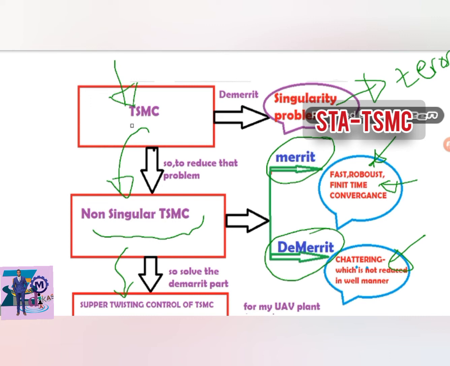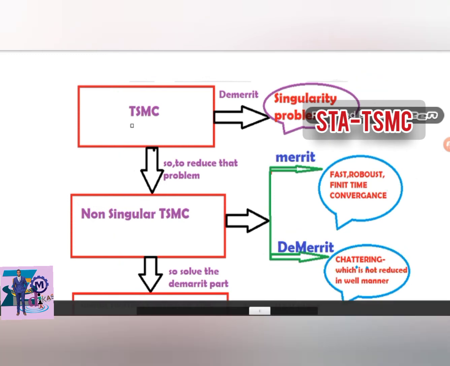So in order to solve the demerit part, I used this super twisting algorithm, or super twisting control of terminal sliding mode controller. The lesson I wanted to share with all of my family is just that in order to get a chatteringless output, we need to select a good performance control algorithm for our plant dynamics. That is the very important point I want to share with all of you.